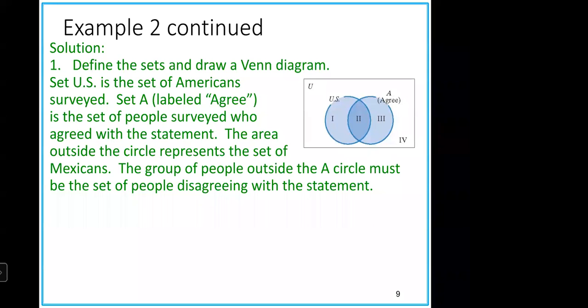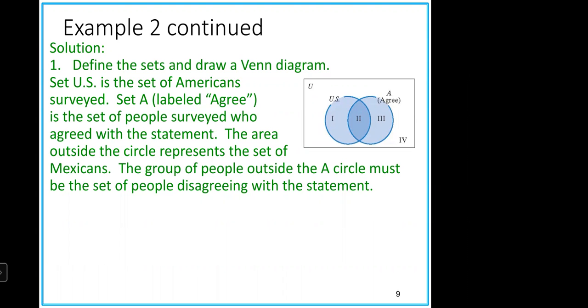So you will see then that they have used a Venn diagram. They have identified the 4 regions, 1, 2, 3, and 4. Okay, so set US is the set of Americans surveyed, and set A, labeled agree, is the set of people surveyed who agreed with the statement.